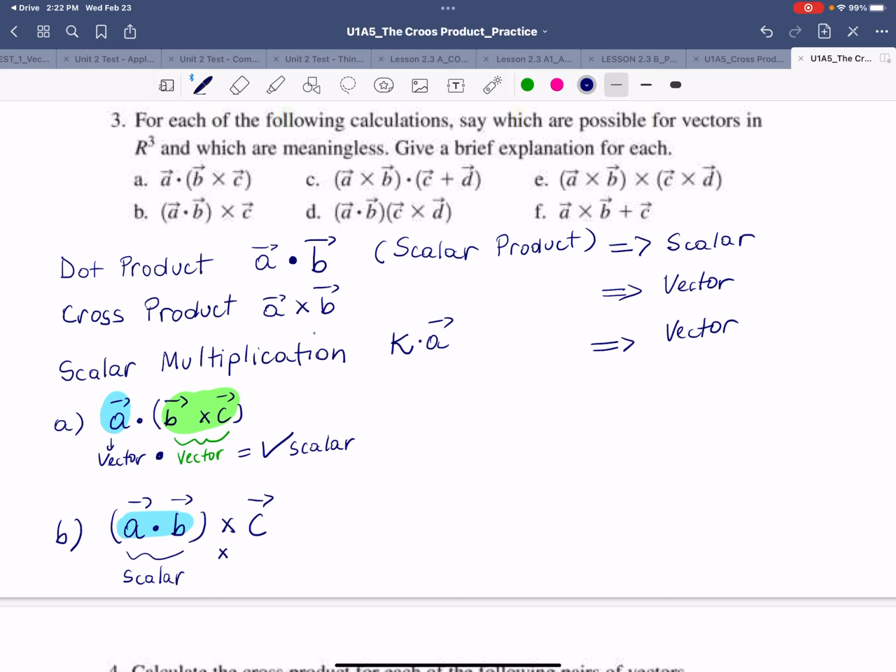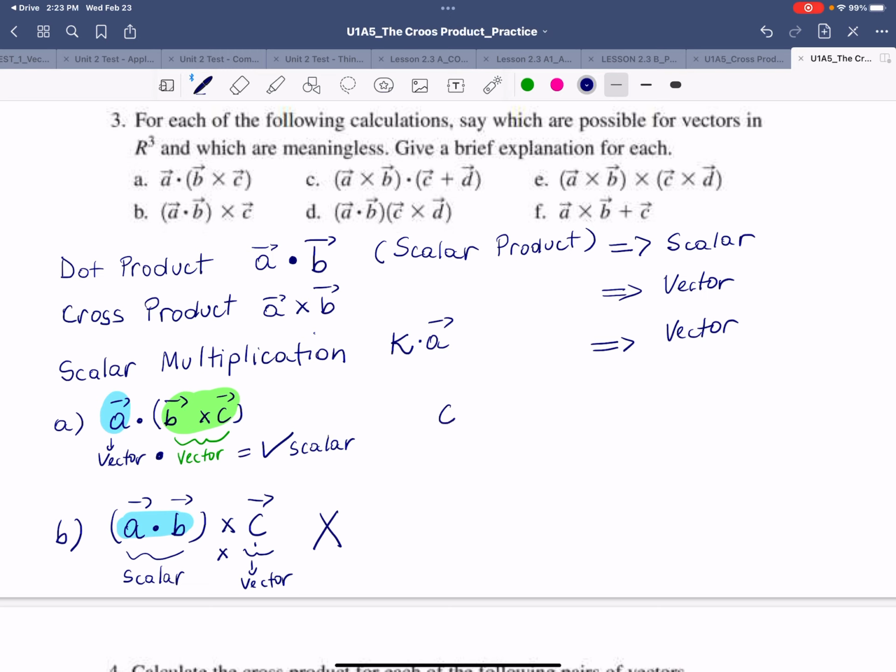And this scalar must cross the vector C. Now remember that a scalar cannot cross a vector. Only two vectors can cross each other, not a vector and a number. So for this, we're going to say this is not possible.